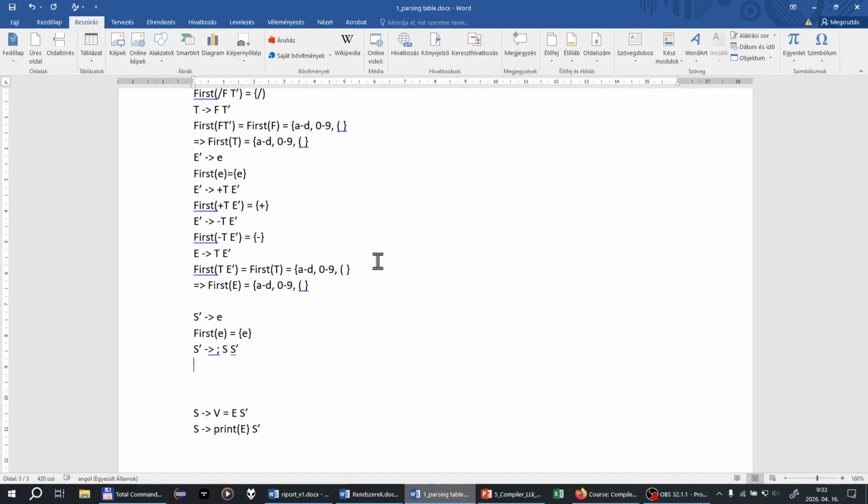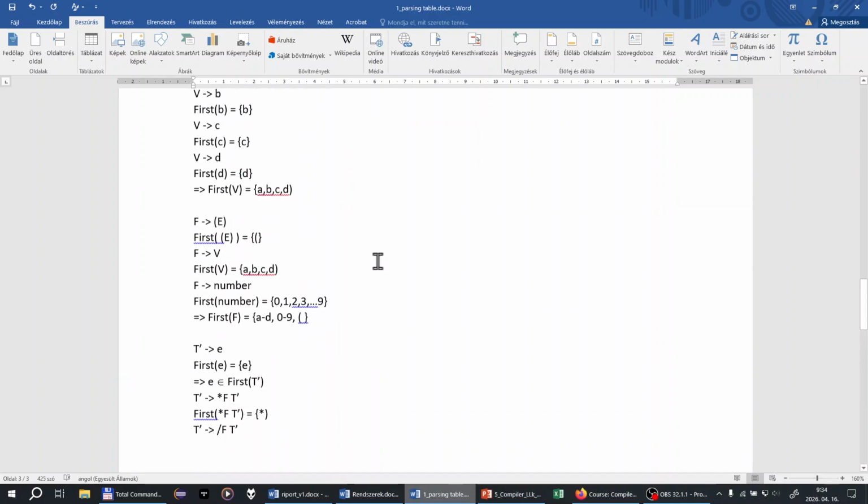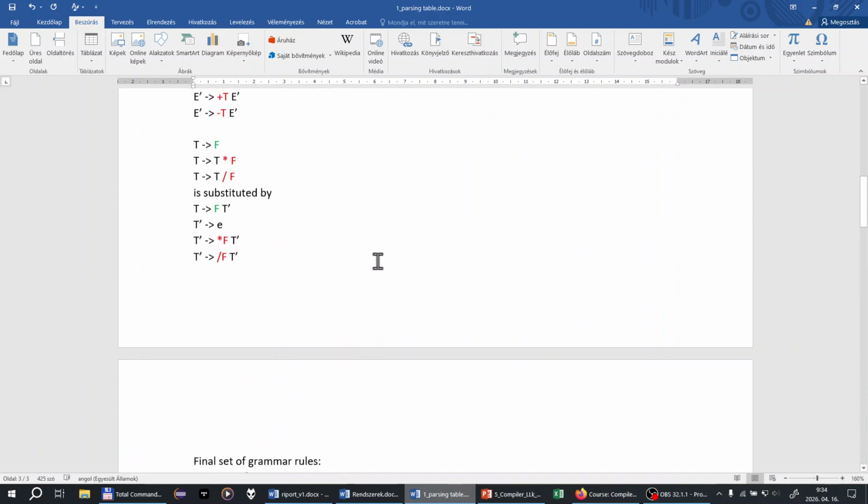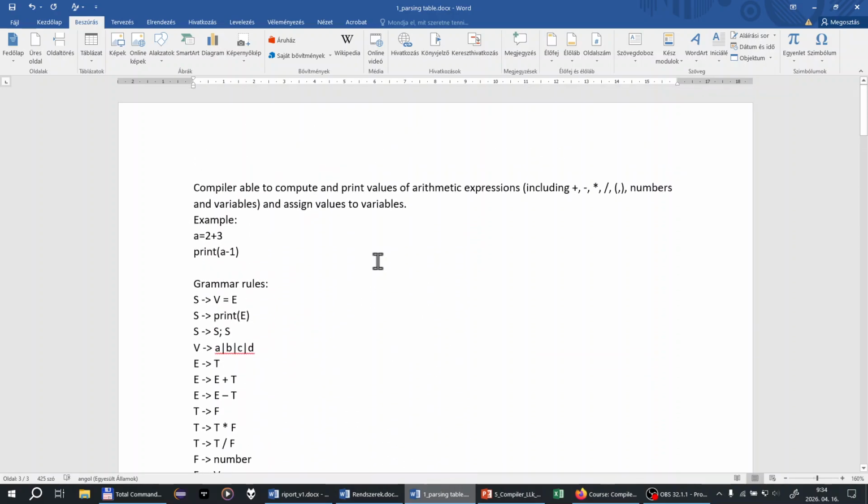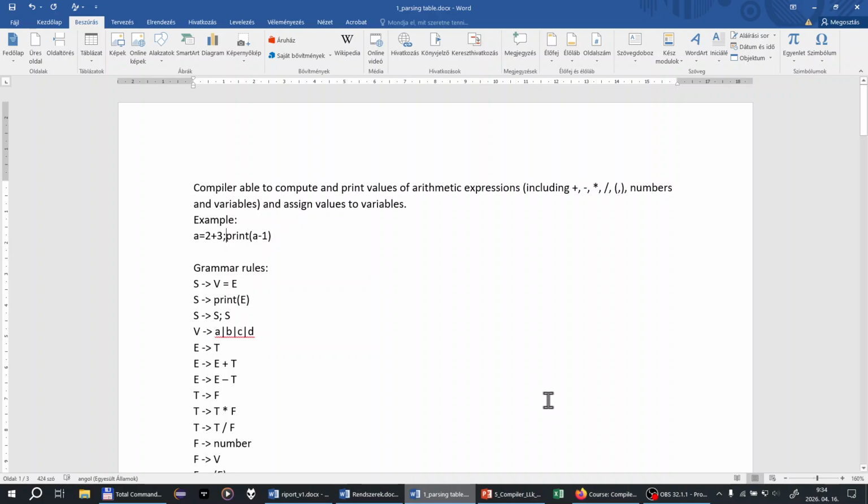First semicolon S prime is always the semicolon. Okay, I made a mistake in the example because the lines should be separated by semicolon, so like this.